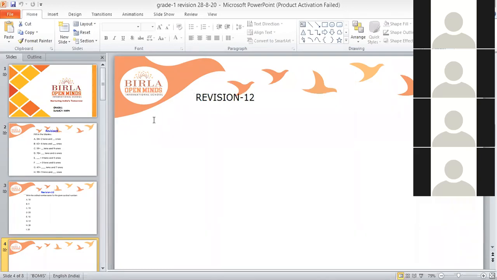After writing date and classwork, leave one line. And then write revision 12. And then write the question: add the following.